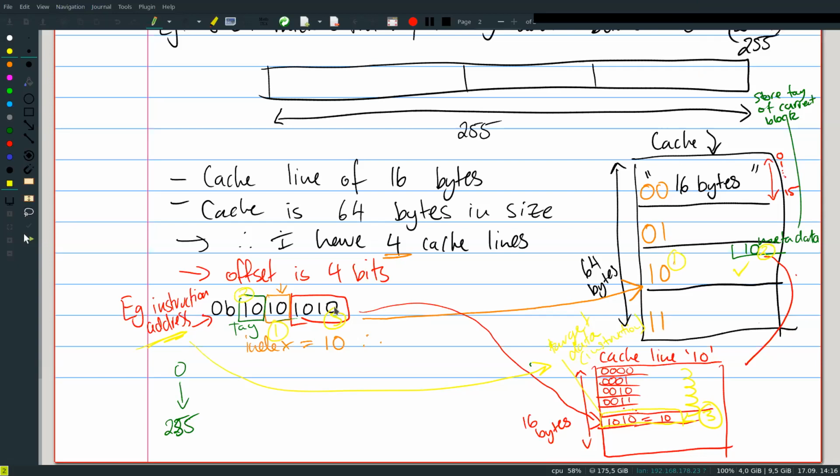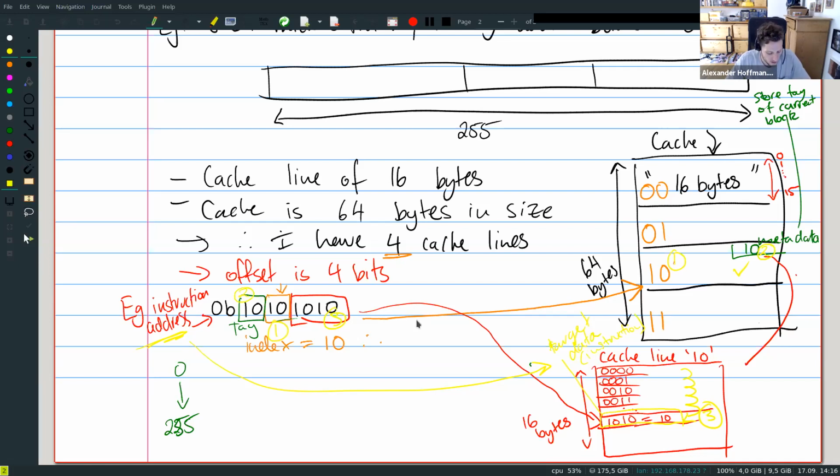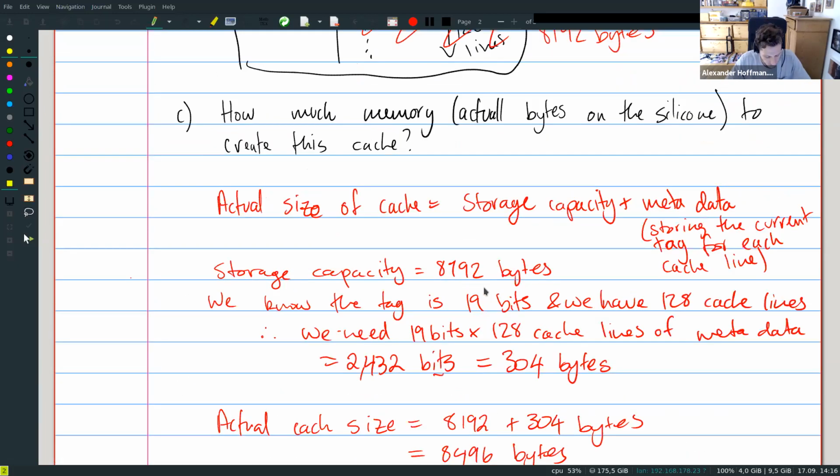Okay, so the metadata stores the current tag, right? Yes, it just stores the current tag. And that's why I asked, for instance, in this second last question, we have a cache of 8,192 bytes. And we calculated that the tag is 19 bits long, meaning that every cache line has an extra 19 bits that aren't used for storage, but they actually just keep the tag of the current block in that line that we use for this comparison.